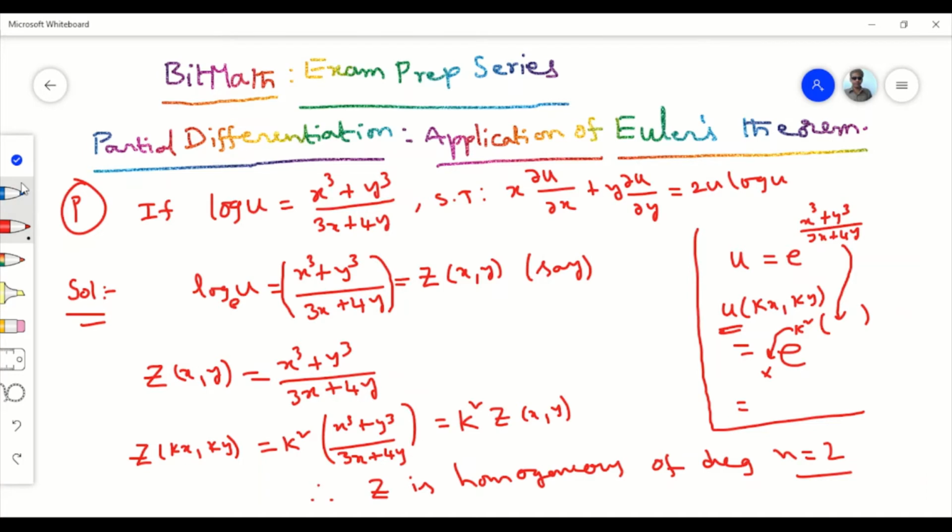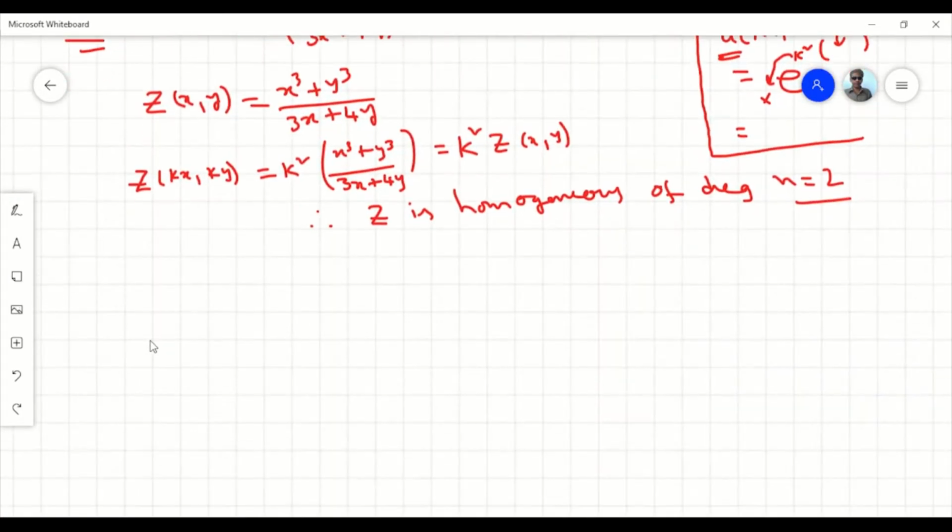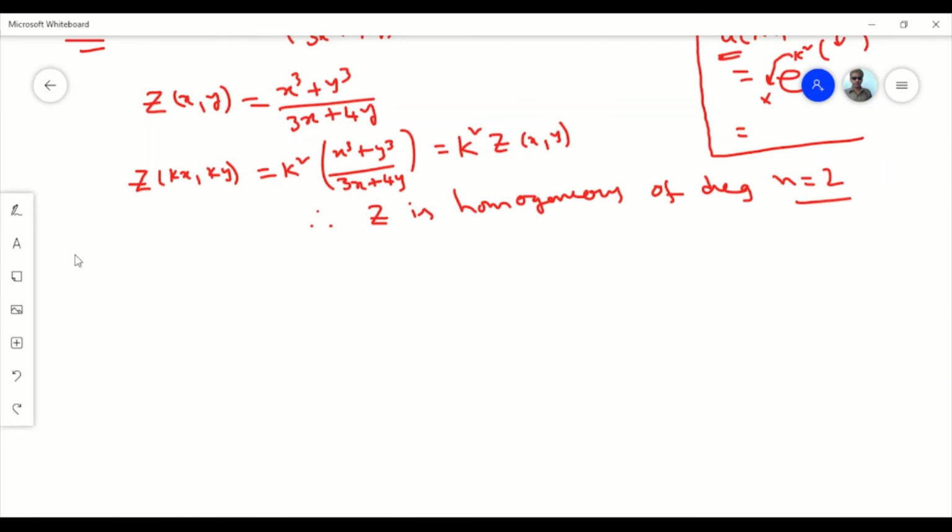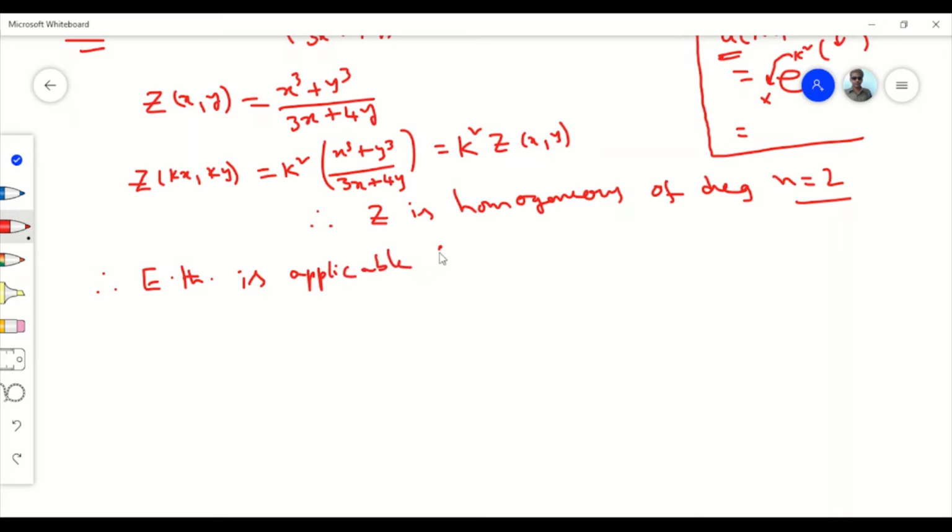Now because z is homogeneous, we can apply Euler's theorem for z. Here u is not homogeneous, so you cannot apply Euler's theorem for u. Therefore Euler's theorem is applicable for z.